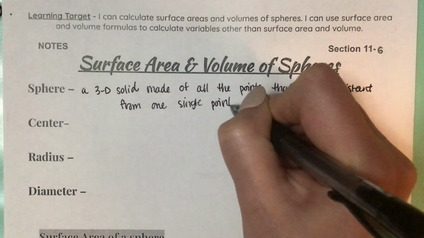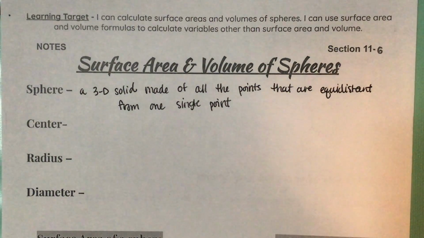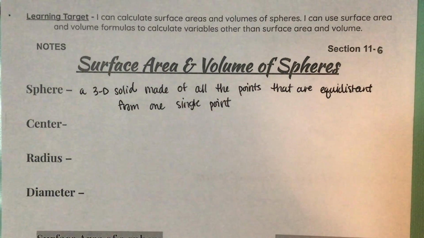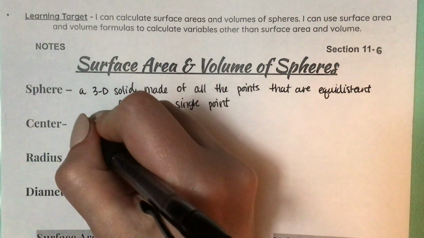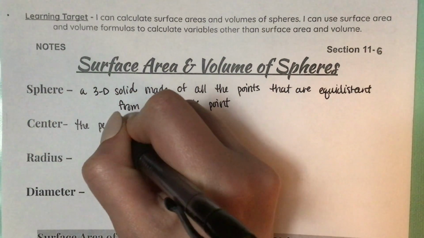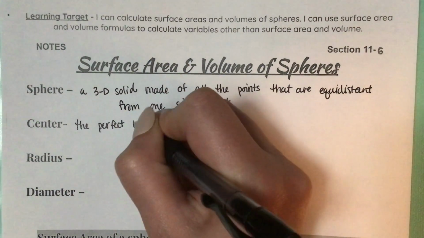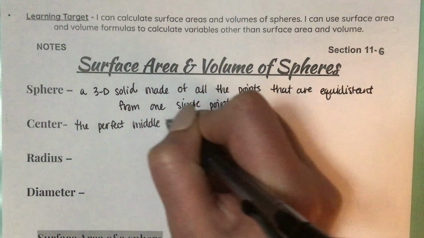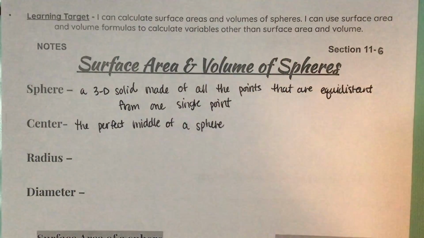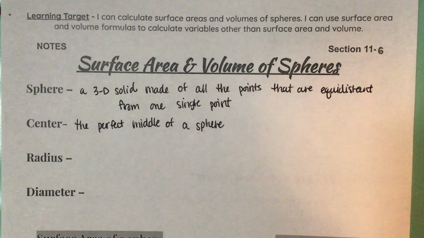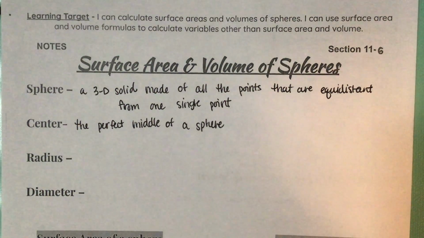Now that single point that everything else is equidistant to is called the center. The center is the perfect middle of a sphere. All of the outside points of a sphere are equidistant from the center.